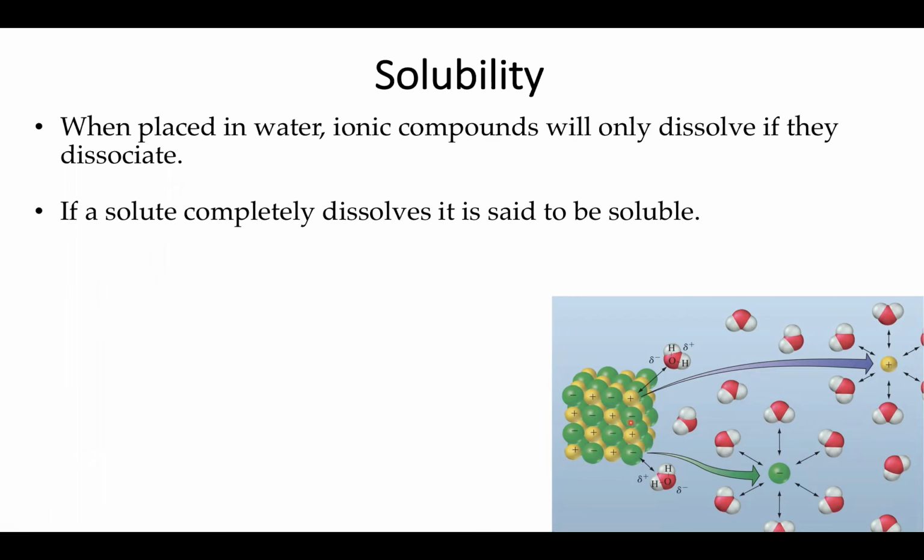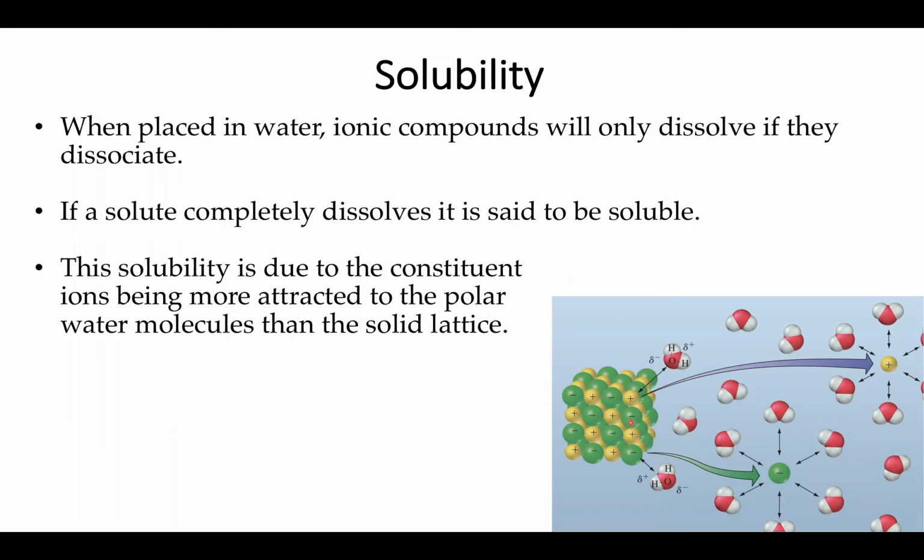So let's go ahead and look a little bit more at what's happening on a molecular level. I have an ionic solid that's made of cations and anions. If I place it in water, all those partial negative charges on the oxygens can go ahead and surround a cation and say, yoinks, I'm taking you with me. And the cation says, well, I'd rather be surrounded by all these partial negative charges than have to sit in a solid relatively near other partial positive charges.